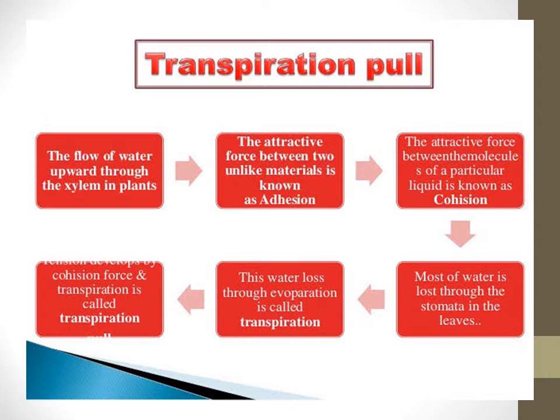So a low pressure area is created in the leaves, and water is sucked up from the roots. Then the water loss through evaporation is called transpiration, and this adhesion and cohesion force and the negative pressure generated by the transpiration, all these things together cause this transpirational pull to happen.